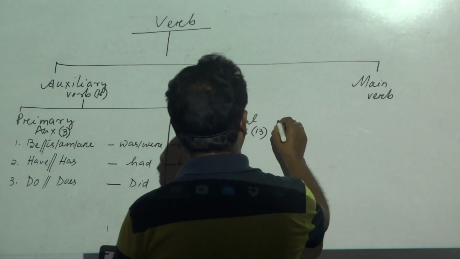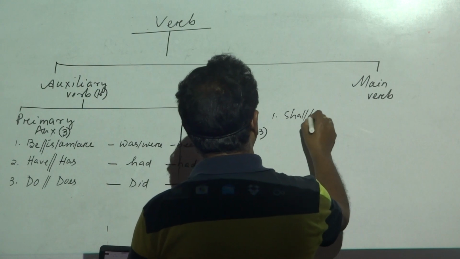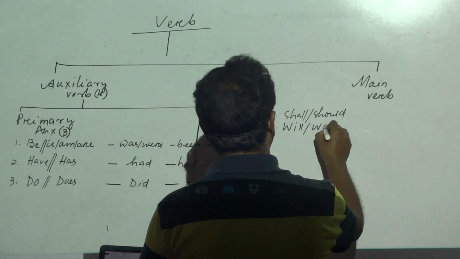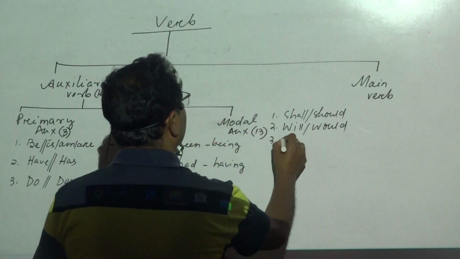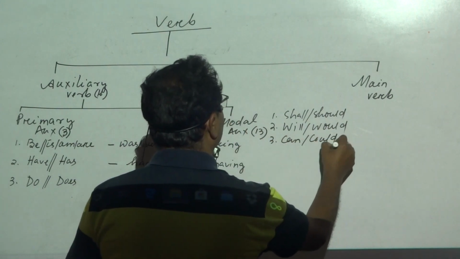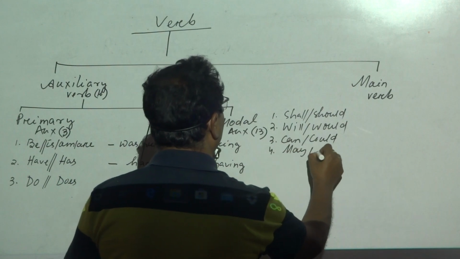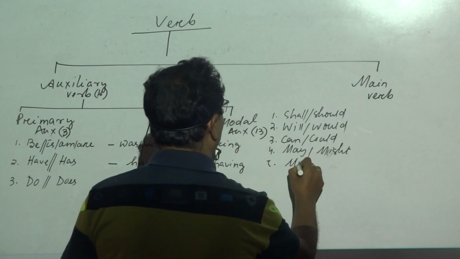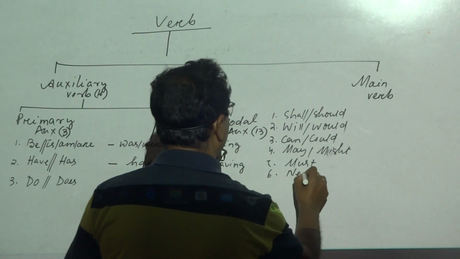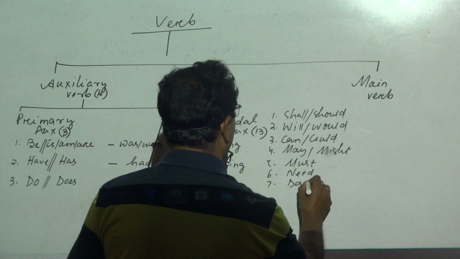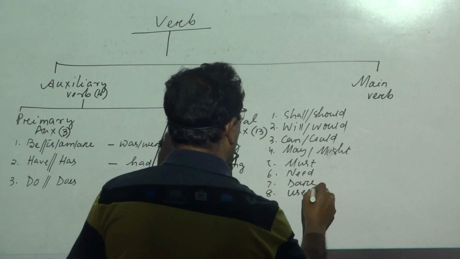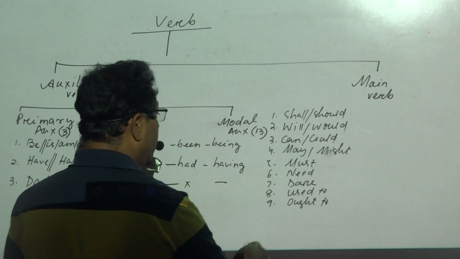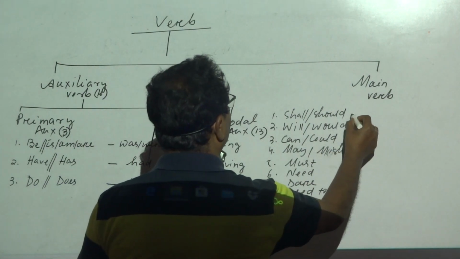Come to modals. You know modal 13. Shall, should, will, may, might, must, need, dare, used to, and the last one is ought to, serially 9, 10, 11, 12, 13.